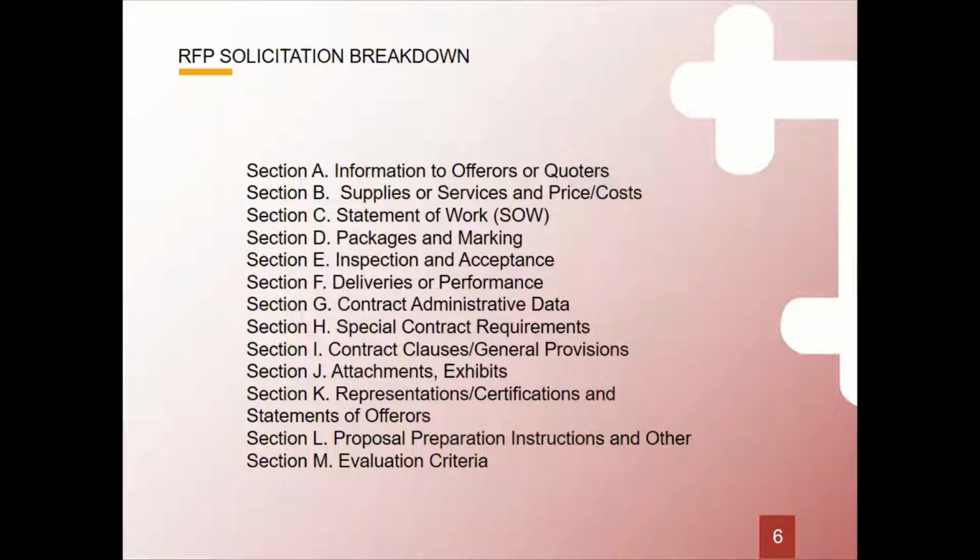RFP solicitation breakdown. Now, again, this is looking at it from the federal aspect. Section A, we have the information to offerors or quoters. First of all, you must read the entire solicitation from page 1 to the end so that you will fully understand what the government is asking you to respond to.